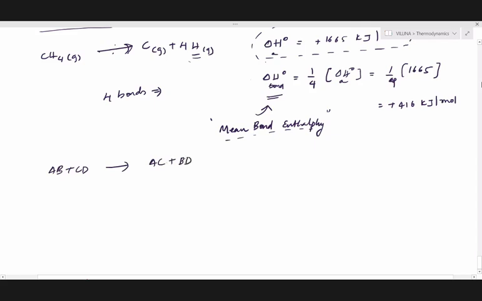In this case, we cannot directly calculate the bond enthalpy of formation or bond dissociation enthalpy, but we can only calculate delta H of the reaction. The delta H of reaction is the enthalpy change in a reaction, which is delta H of the products minus delta H of the reactants. And if new bonds are formed, or some old bonds are broken down, that will also be considered.